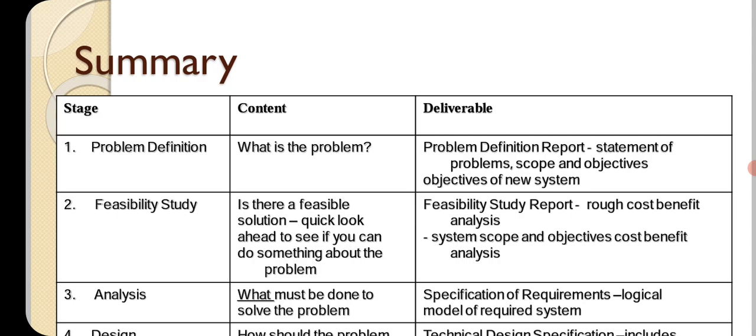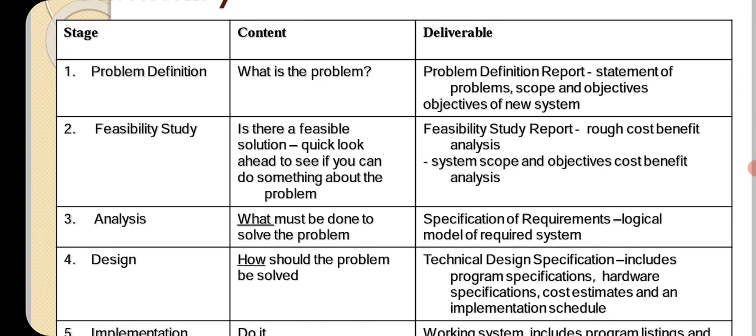Next, feasibility study. The second phase is feasibility study, meaning is there a feasible solution? A quick look ahead to see if you can do something about the problem. Deliverables: feasibility study report, rough cost benefit analysis, system scope and objectives. Third phase is called analysis. Analysis means what must be done to solve the problem.